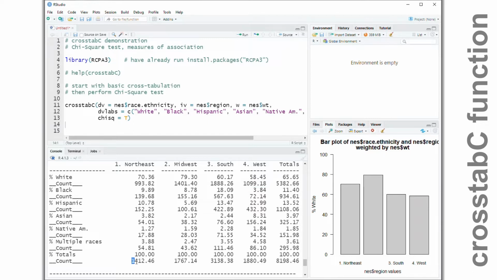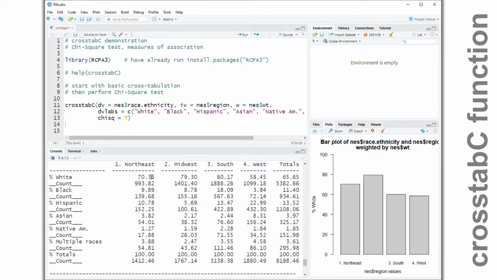We know that the column total is 1412.46, and if we know in the Northeast the count of white, black, Hispanic, Asian, and Native American respondents, given those 5 values, if we subtracted them from the column subtotal, we could arrive at the count for multiple races. So the last of the row values doesn't supply additional information. We sort of had 24 data points, but they're not all independent data points.